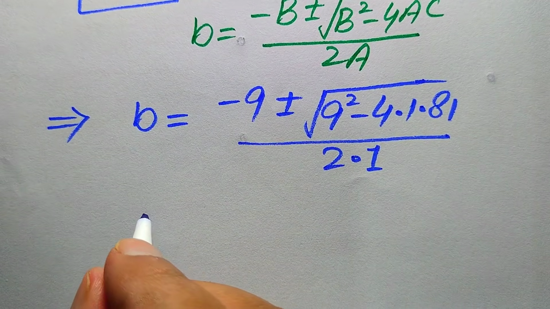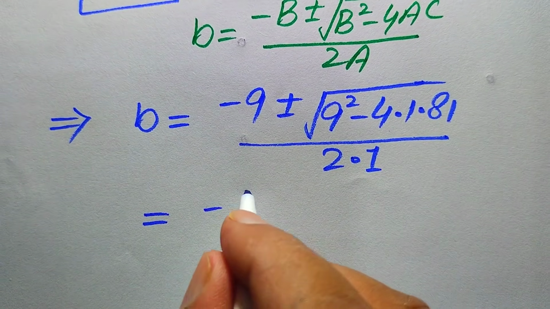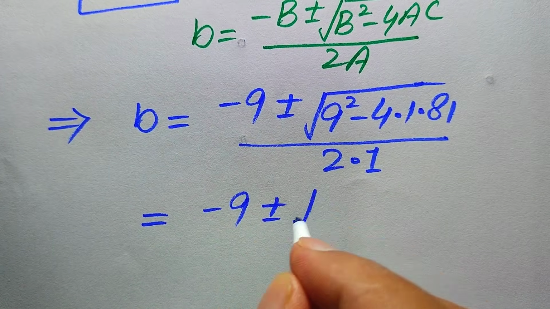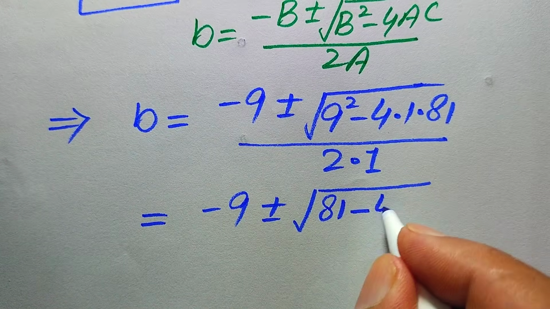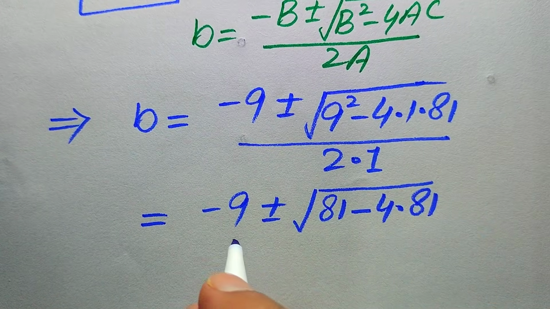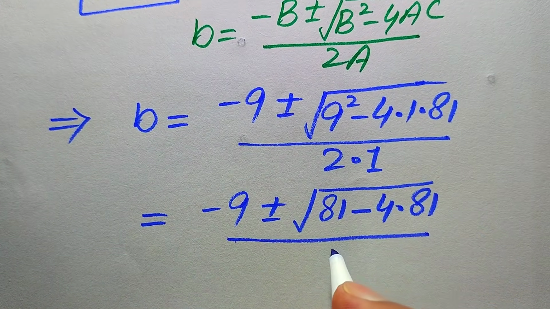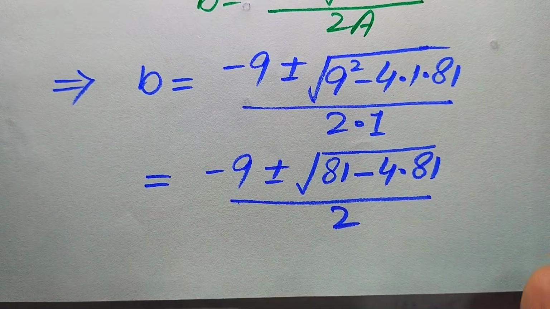And now in the next step we need more simplifications, and this will be written as minus 9 plus minus square root of 9 square, which becomes 81, minus 4 times 81, and it is divided by 2 times 1, which is equal to 2.